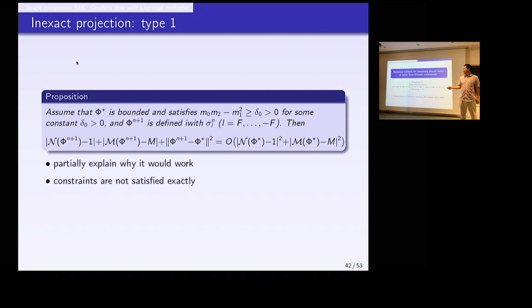As long as the deviation of the total mass and the magnetization is small, then once you do the projection, it will become much smaller. So this has a mechanism to remove the effects of the inexact projections, and the gradient flow will automatically correct the constraints. So this is the first type of inexact projection.